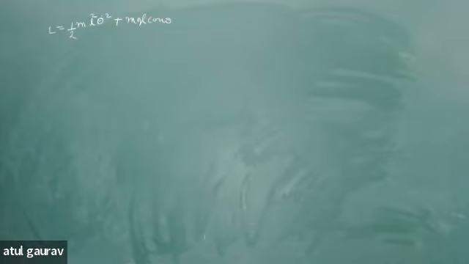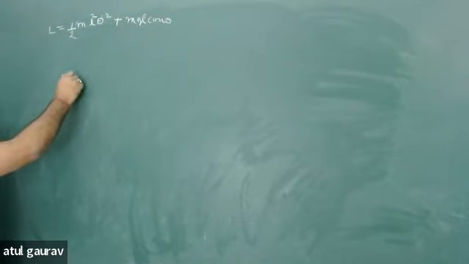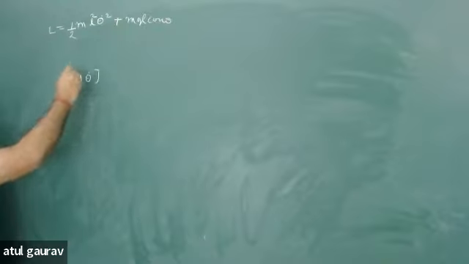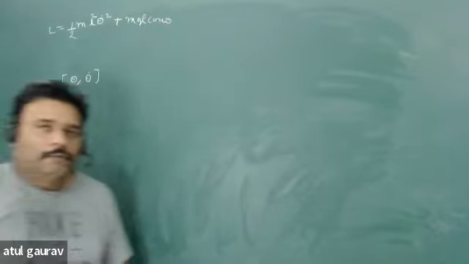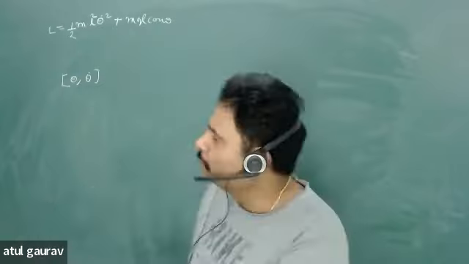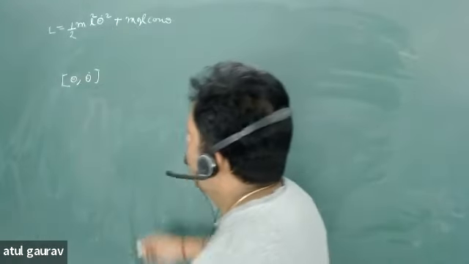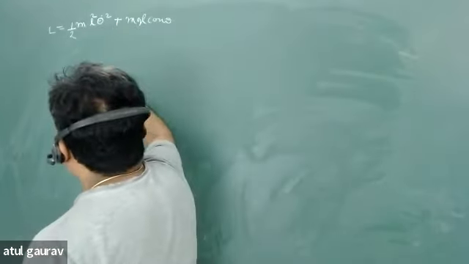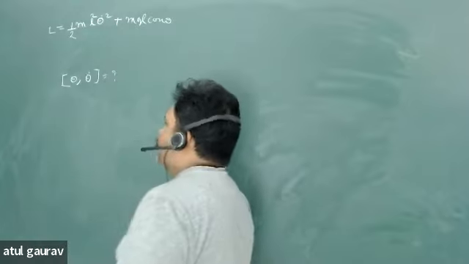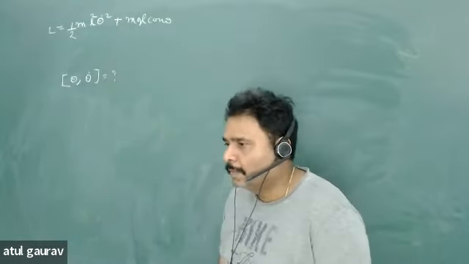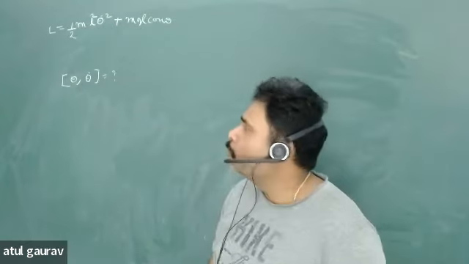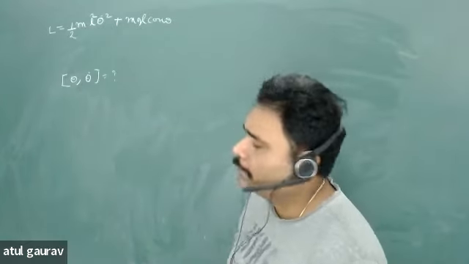And what you have to do, you have to find the Poisson bracket between theta and theta dot. What will be Poisson bracket between theta and theta dot? What will happen to theta and theta dot? So Lagrangian is given. How will we approach?